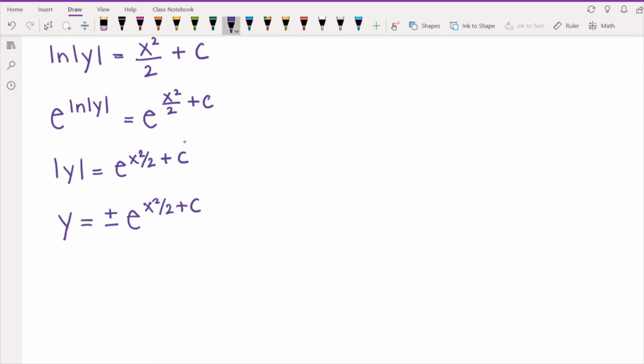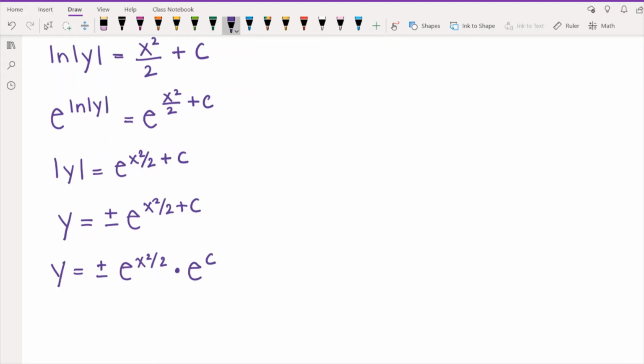But there's actually a way we can kind of rewrite this that's a little nicer. So as it is, this is actually fine. It's technically correct. But we can basically take this c and kind of bring it out of the exponent. So how can we do that? Well, we can rewrite e to the x squared over 2 plus c as e to the x squared over 2 times e to the c, right?